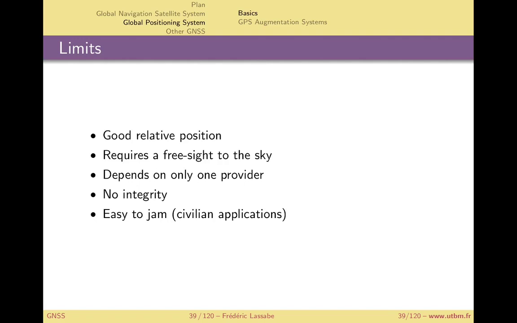Furthermore, the GPS has no integrity for civilian use, and its civilian applications are easy to jam. So all of these shortcomings are supposed to be addressed by Galileo, but we are still waiting for the full system to be operational.